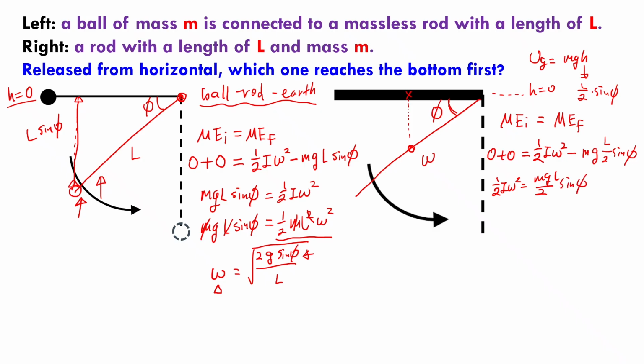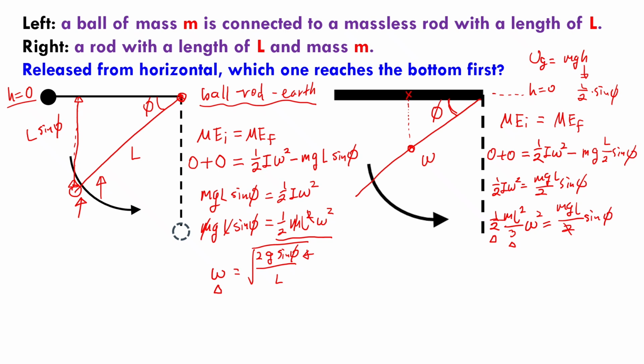We know for this rod, its inertia is mL squared divided by 3. So this equation can be written as half times mL squared divided by 3 times omega squared equals half mgL sine phi.